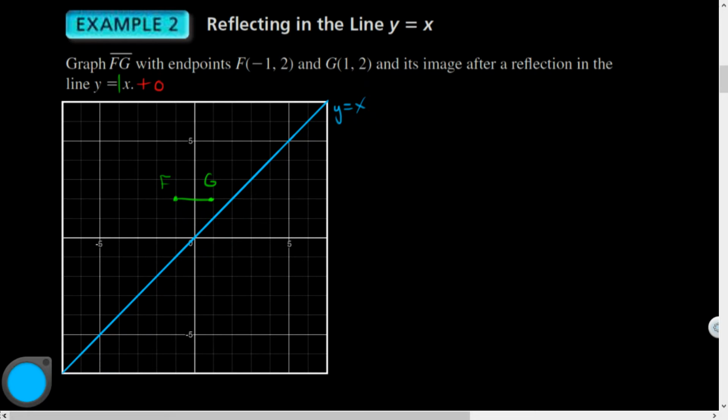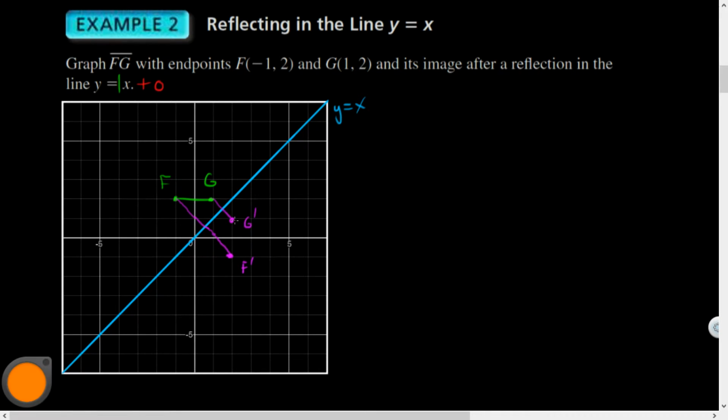There we go. And to reflect, I'm going to be reflecting once again perpendicular to this line. And G to the line is half of a diagonal. So G prime is going to be half of a diagonal in the other direction. So there's G prime. And F appears to be 1 and 1/2 diagonals. And so a half and 1 diagonals away is F prime.